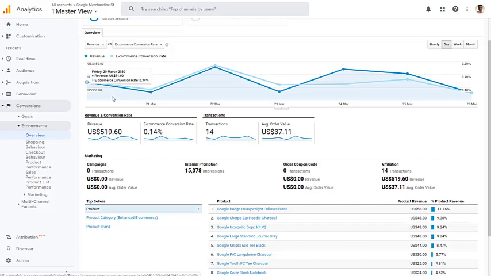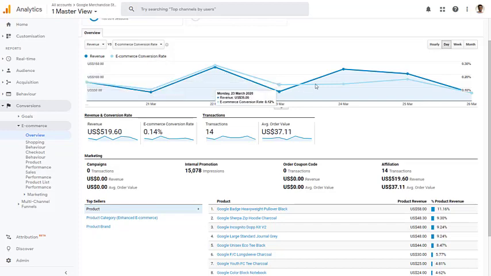As the name suggests, it summarizes the majority of the reports under e-commerce. It's a graphical representation, but this time you will see two lines, not just one: revenue, shown by the darker blue color, and the e-commerce conversion rate by a fainter blue color.